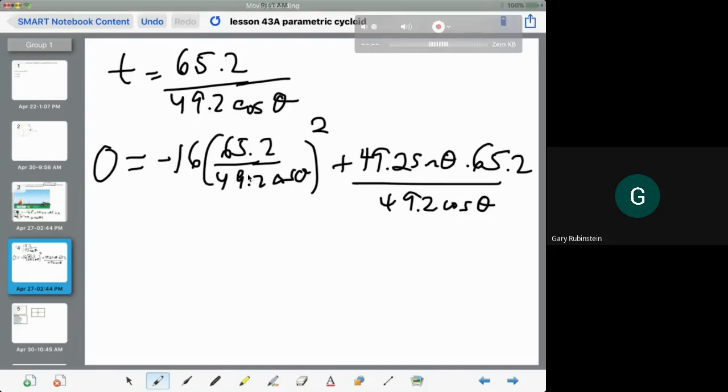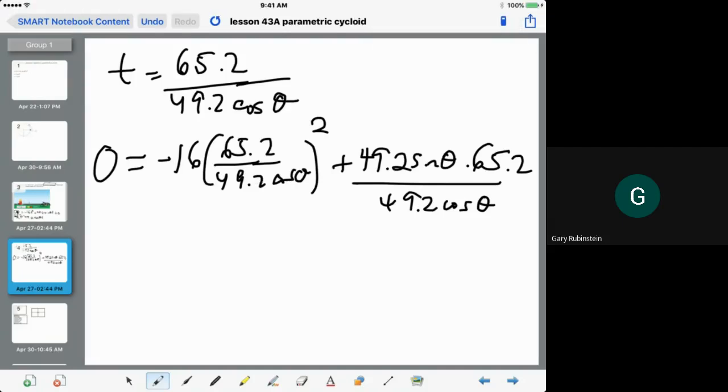Okay. And that is looking pretty bad. You might be looking at that. Maybe you see this sine, or maybe you're thinking there's a tangent here with the sine over cosine. But actually, there's a really sneaky way out of this.